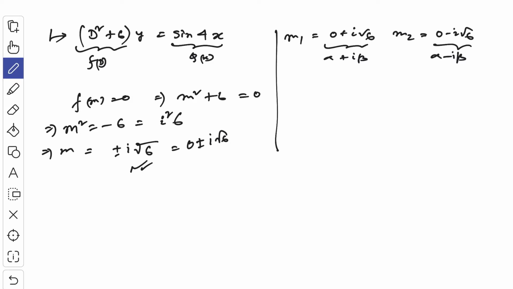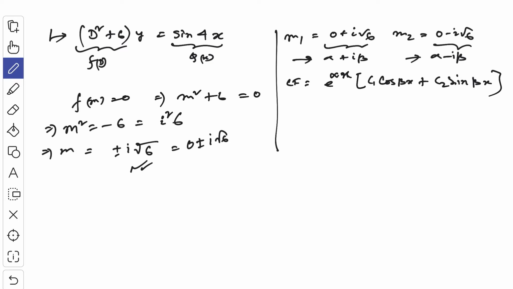Then if roots are in this form, CF is given by e to the power alpha x, within bracket, c1 cos beta x plus c2 sin beta x. This is our CF if the roots are complex.